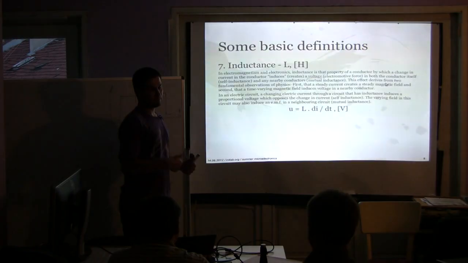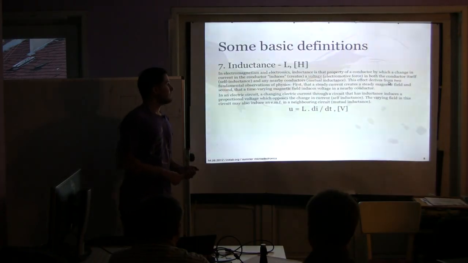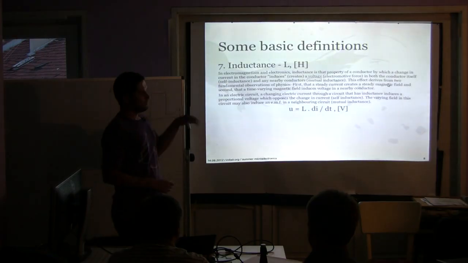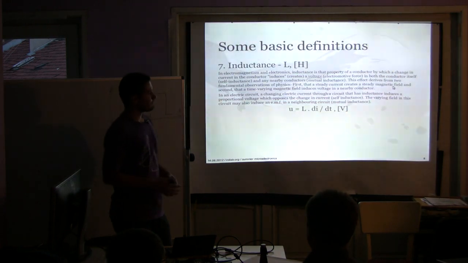If we make some windings on the wire, we will increase the inductance, which is this parameter, and after applying alternating current, this current will try to resist.